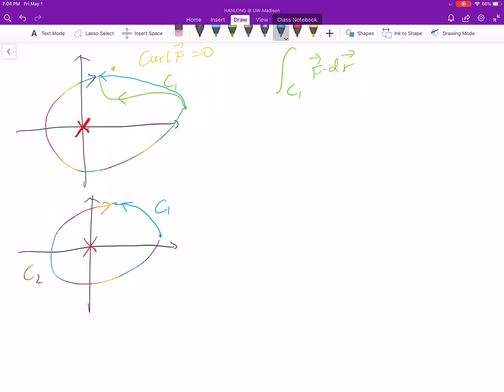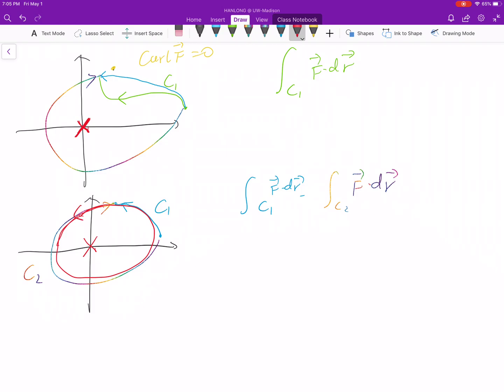Although C1 and C2 are not the same, you see C1 with counterclockwise orientation, and here C2 is clockwise, so we need to give it a minus sign to reverse its orientation. Let's write more carefully: the integral of F dot dr minus the integral over C2 of F dot dr.